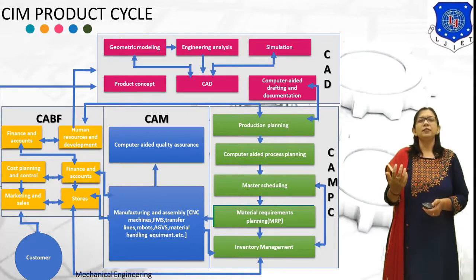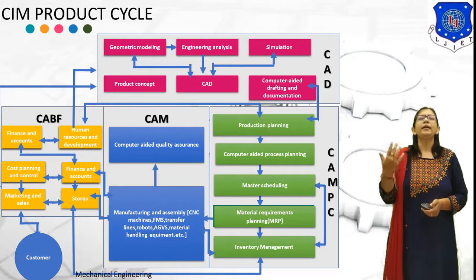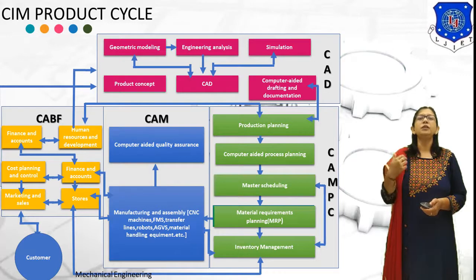Now we will first discuss first stage of CIM product cycle, that is computer-aided design. What are the different activities done under the computer-aided design? The computer design of the product is carried out using the various CAD tools like geometric modeling, finite element analysis, and simulation.